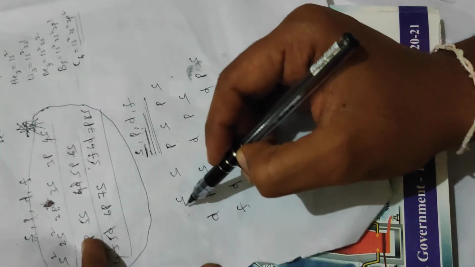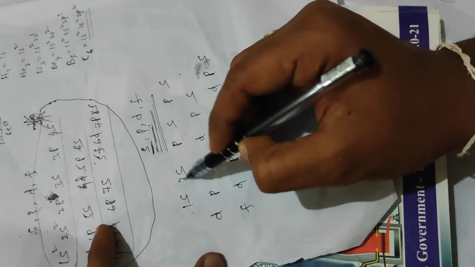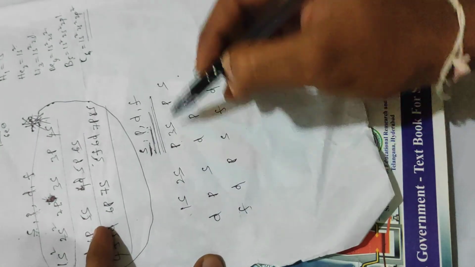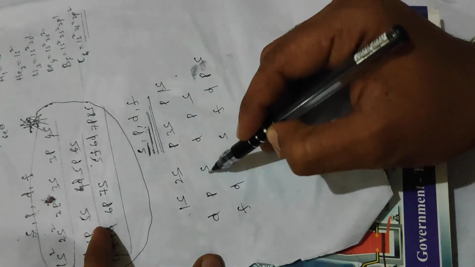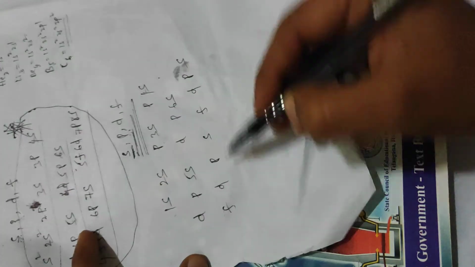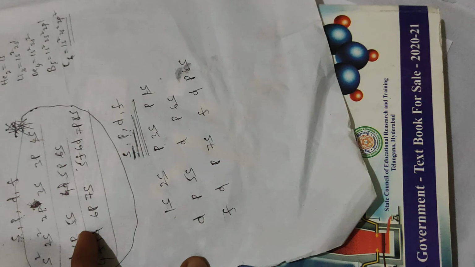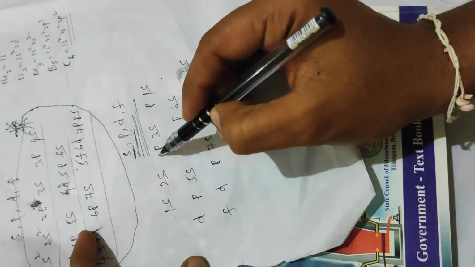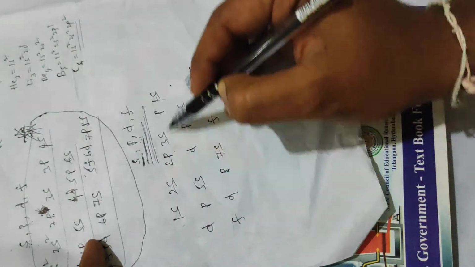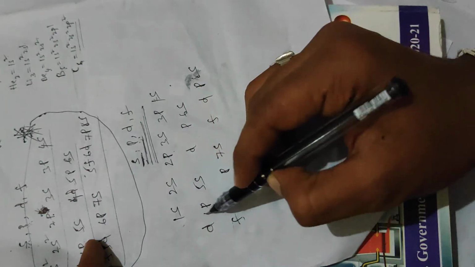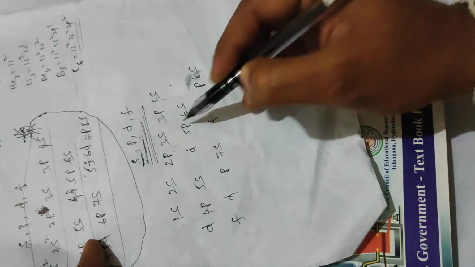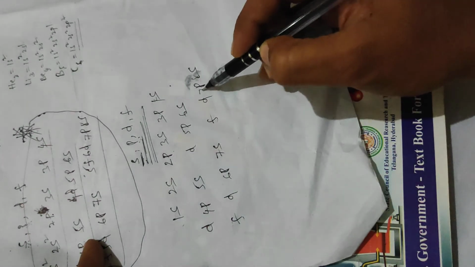So when you are getting s, 1s, next one is of course 2s, again 3s, 4s, 5s, 6s, 7s, 8s. The p orbital starts with 2p, so we know 2p, 3p, 4p, 5p, 6p, 7p.